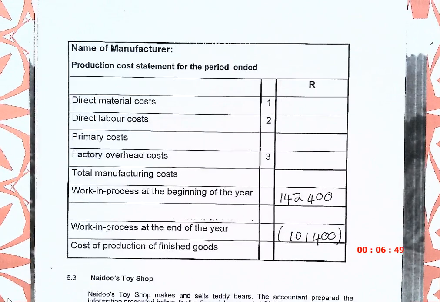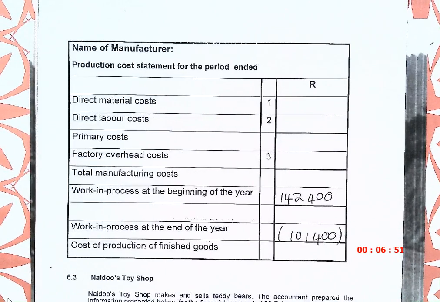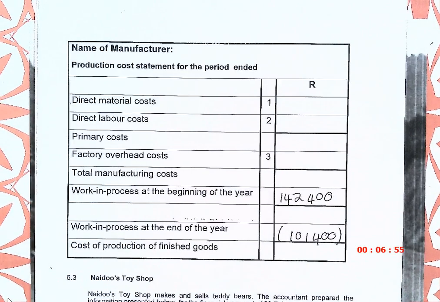When it is needed in the factory, it is issued or transferred to the factory. Does that make sense? So whenever they use the word material that was issued, material that was transferred, I know that is the material I used and is part of the products now. So that is my direct material cost. Does that make sense?